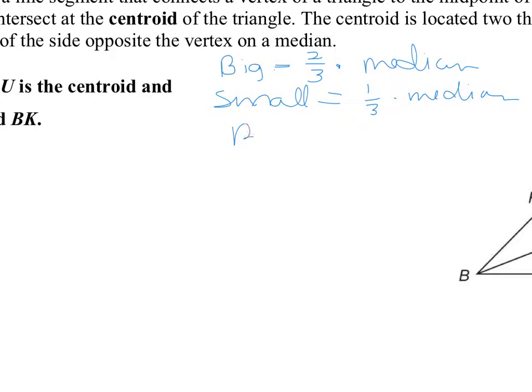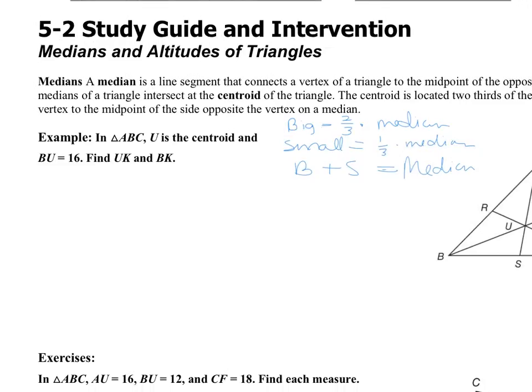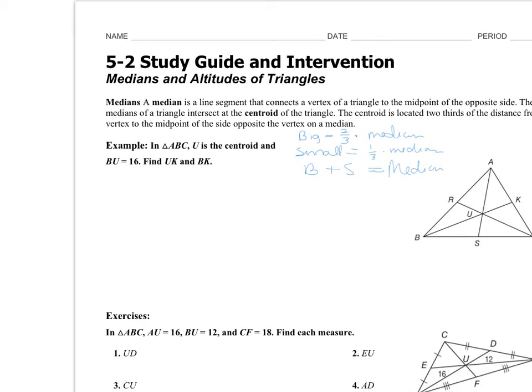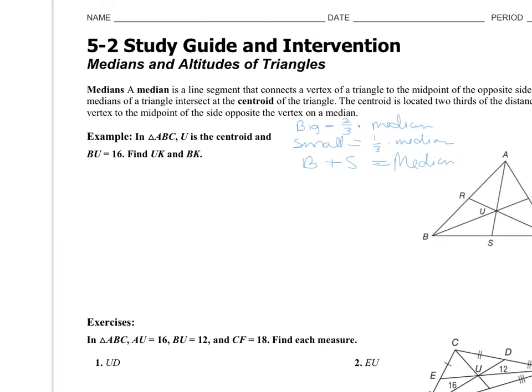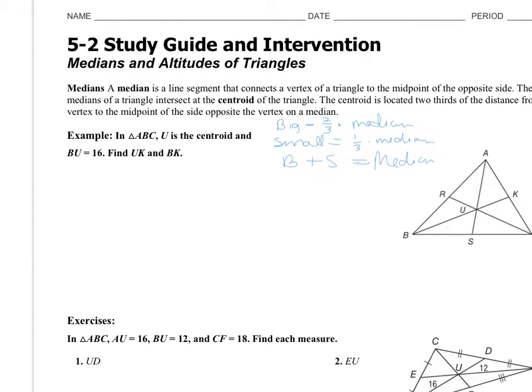And then together, the big piece plus the small piece is equal to the whole median. So those are things that we can use to help us find parts of the medians, or the median itself.